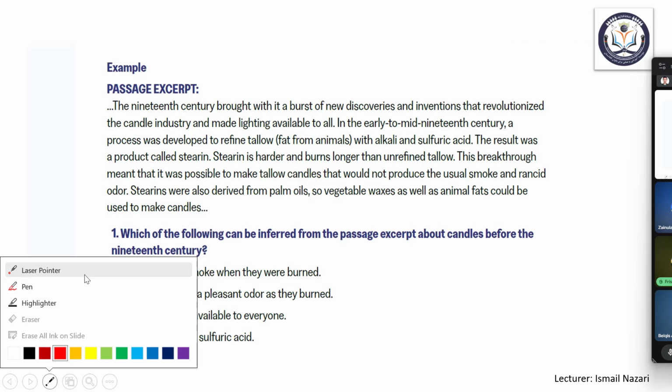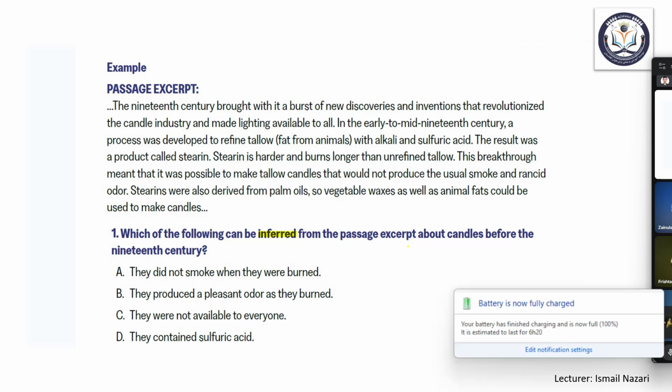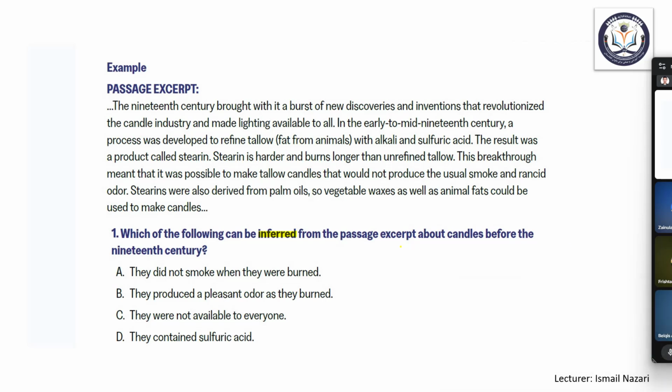Okay, so thank you very much. Let's have a short explanation about it. As we have seen inside the question, the keyword, first of all, is the word inferred. Inferred shows that it is an inference question. And then the next keyword used here is candles, about candles before the 19th century. It means we have to find the part of the information which is about candles before the 19th century, and then draw our conclusion.